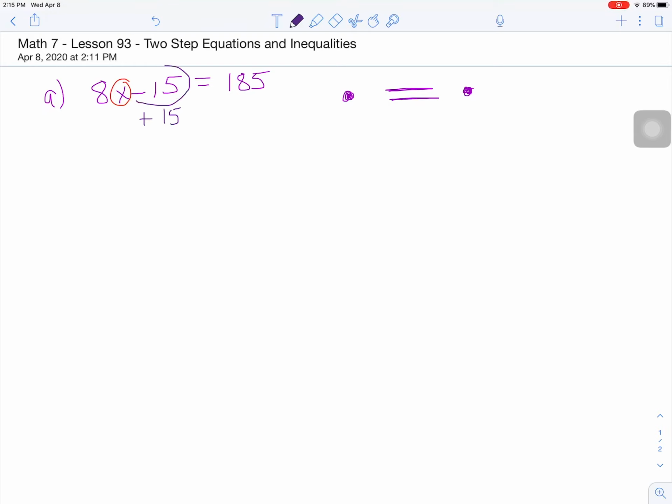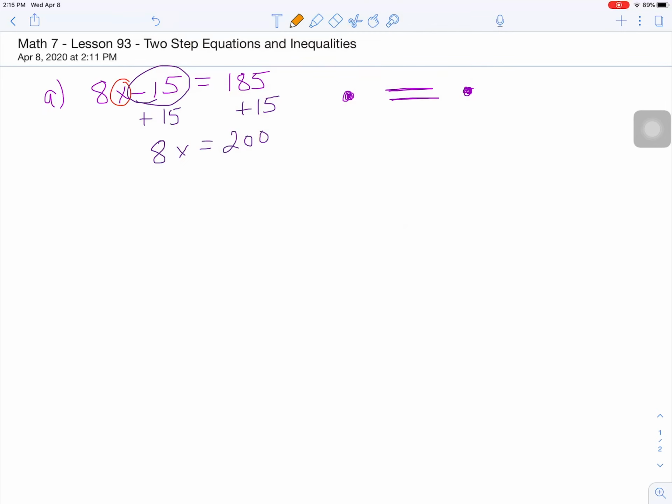So in order to do that, we add 15 to this side to get rid of this negative 15. You see it's a negative 15. We add 15. Now, because we're adding 15 to that side, we have to add 15 to this side. So what you get then is 8x equals 200. Right?